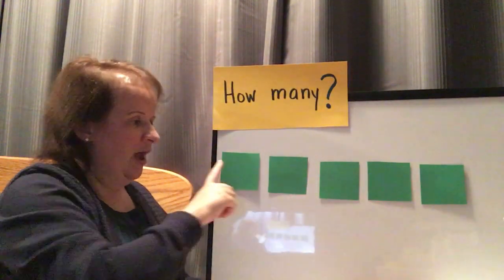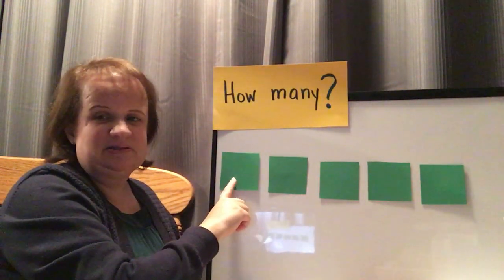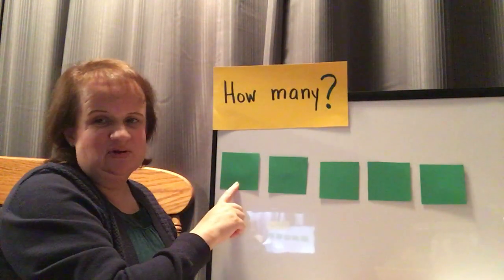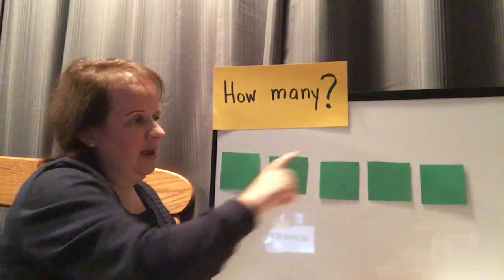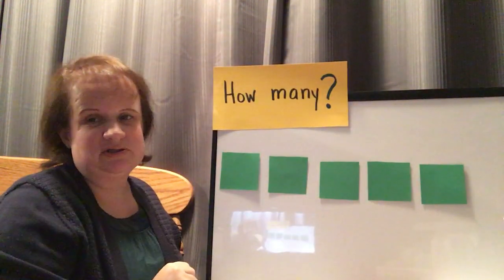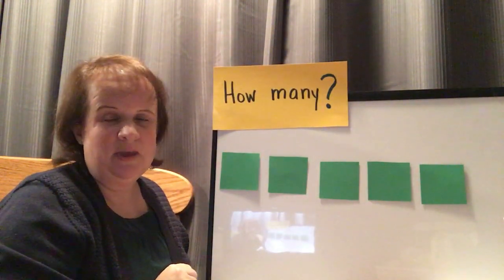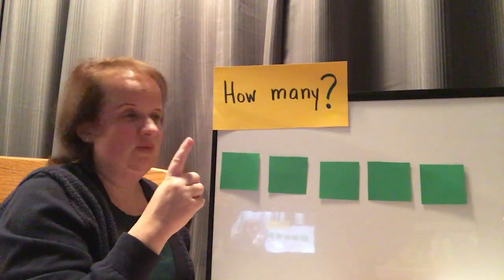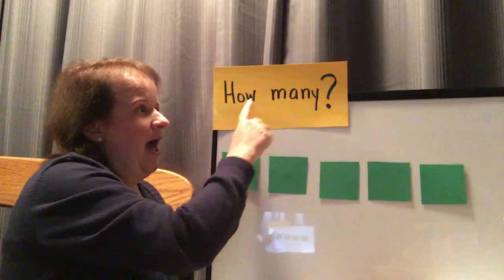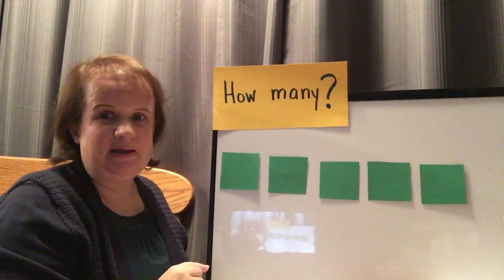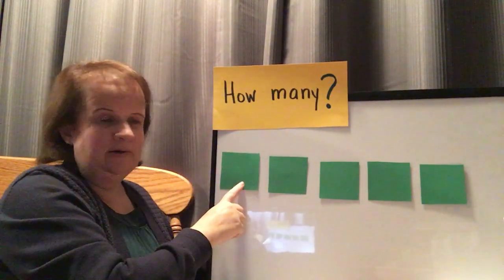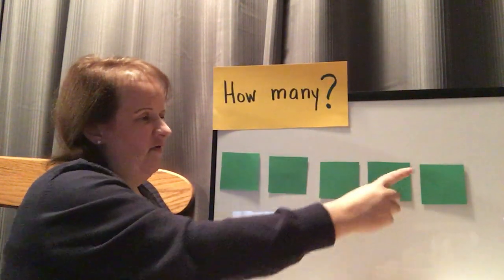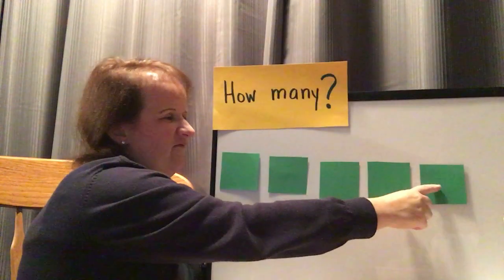And when I count across from left to right, starting at the first color tile and going to the last color tile on my board, let's get our pointer fingers ready to count together again so we can answer the question, how many? Ready? 1, 2, 3, 4, 5.